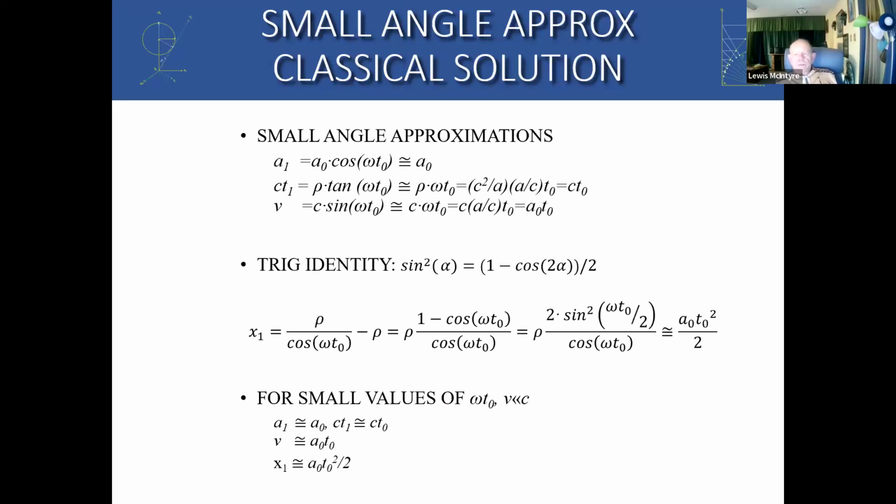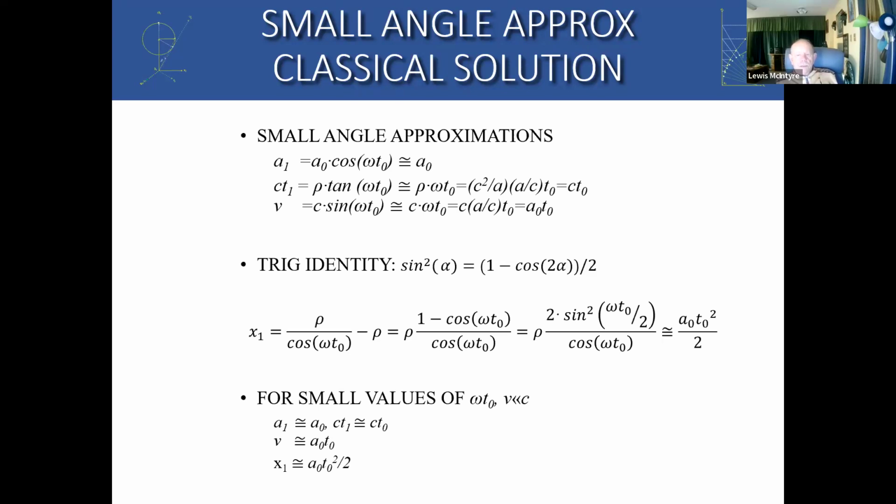For such low speeds, we can use the small angle approximation that cosine omega t sub 0 is approximately 1, and that sine omega t sub 0 and tan omega t sub 0 are approximately omega t 0 in radians. In this case, the observed and measured acceleration and time are to a high degree identical, and velocity equals acceleration times time.